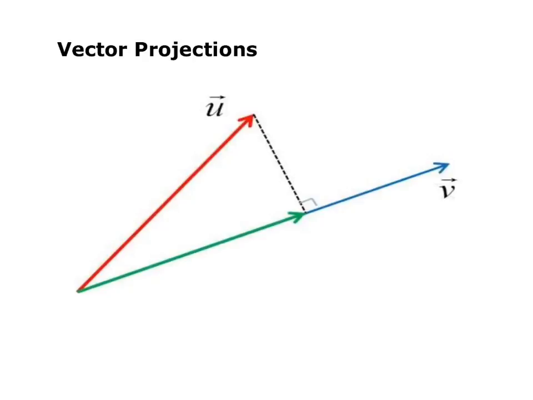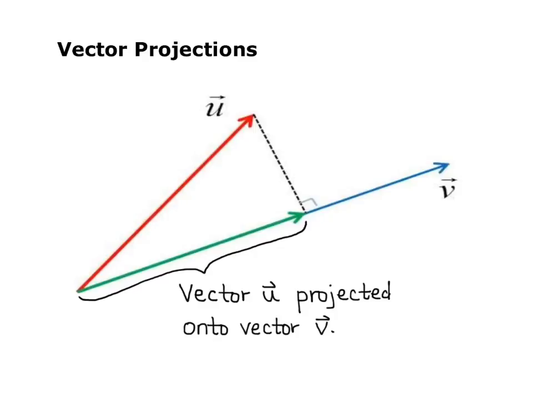So I drop down a line and make a 90-degree angle with vector v, and the vector that results, the shadow of u, is the vector projection of u projected onto vector v.